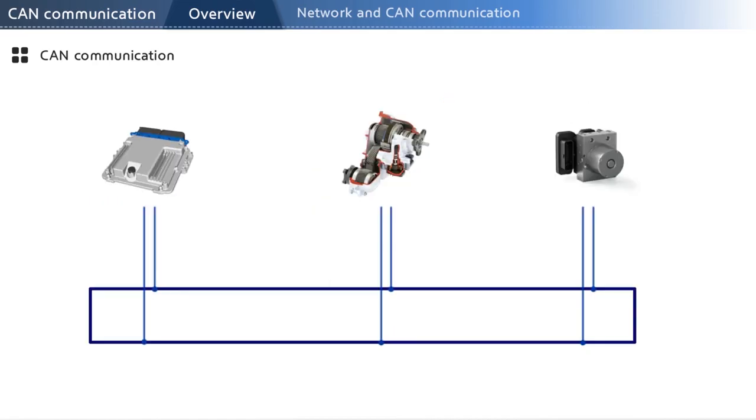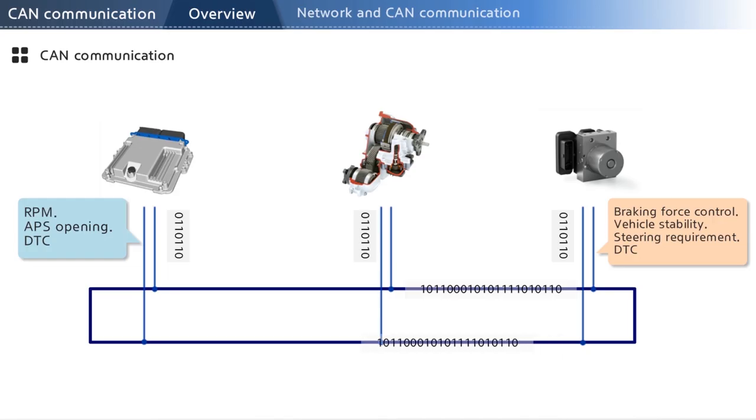Look at the controllers that are connected to a shared network line. The engine ECU, for instance, transmits information such as RPM and accelerator opening. Likewise, all the information from other controllers is shared via this network. This way, controllers can get the information they need and respond to the requests from each other.